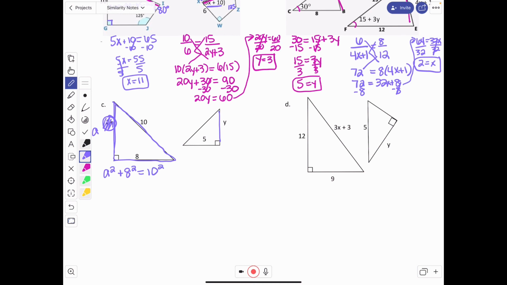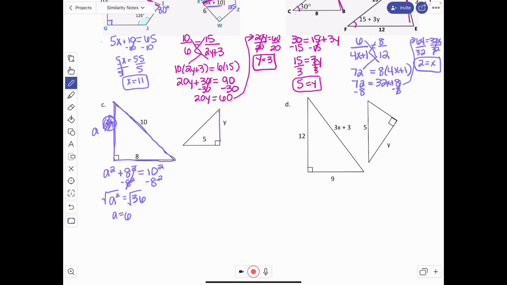Okay? In my calculator, I'm going to type in 10 squared minus 8 squared, because I'm just subtracting this 8 squared. So a squared equals 36. And then I need to take the square root of both sides. So a is 6. Okay?